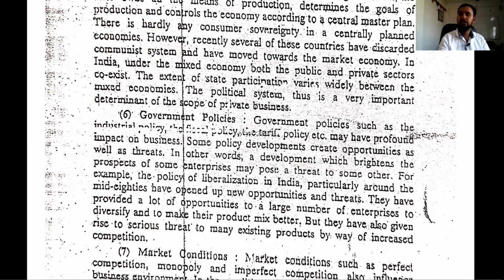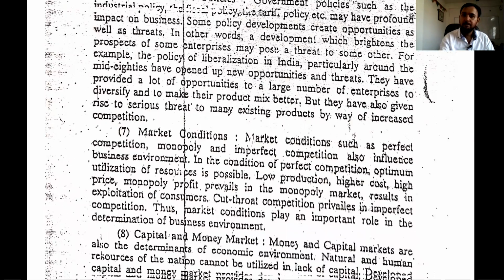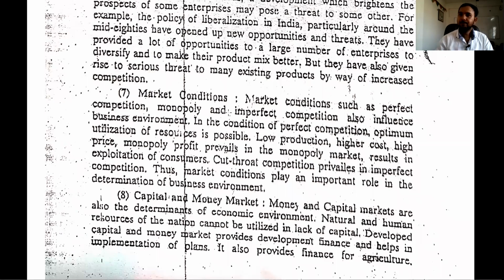They need to make such a strategy that is quite helpful in running their business under such kind of policies. So government policies are factors which affect the company, because we are learning the factors affecting the business environment. And government policies are such a factor that is beyond the control of the company and affect the company. Now the 7th point is market conditions. Whatever business you are doing, you need to understand what kind of market you are running your business in.